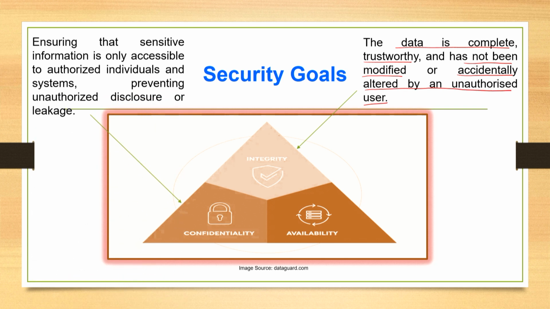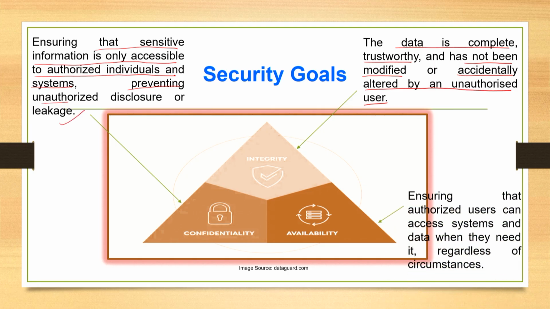Confidentiality, on the other hand, ensures that sensitive information is only accessible to authorized individuals and systems, preventing unauthorized disclosure or leakage. Availability ensures that authorized users can access systems and data when they need it, regardless of the circumstances.